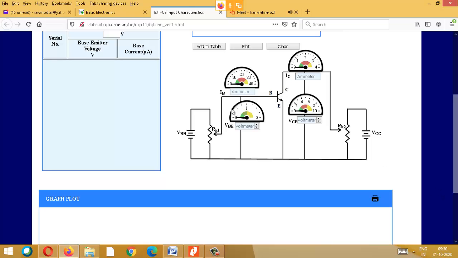For the input side, to vary the voltage, I have a rheostat here, similar to an auto transformer. If I keep it at this particular portion, the total resistance comes into the picture, so voltage will be minimum. When I move it and reach this particular point, the full voltage is applied. So this is just for varying the voltage. RH1 is the resistance used to vary the input side voltage.